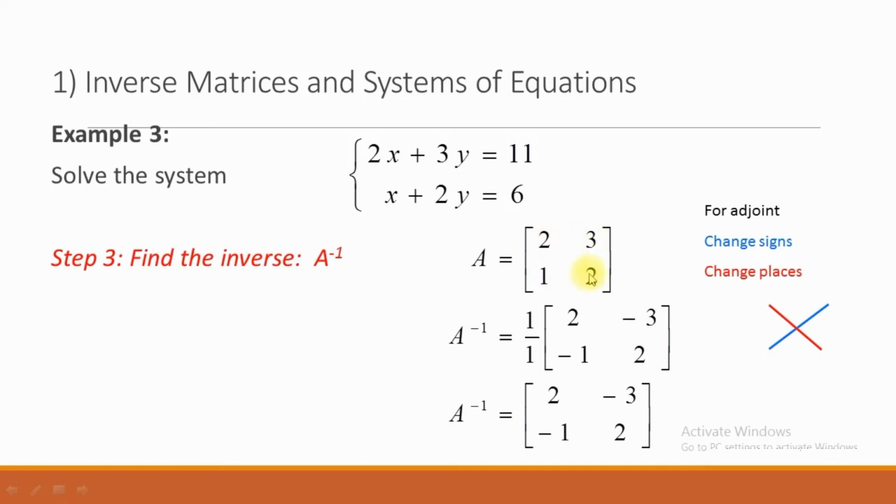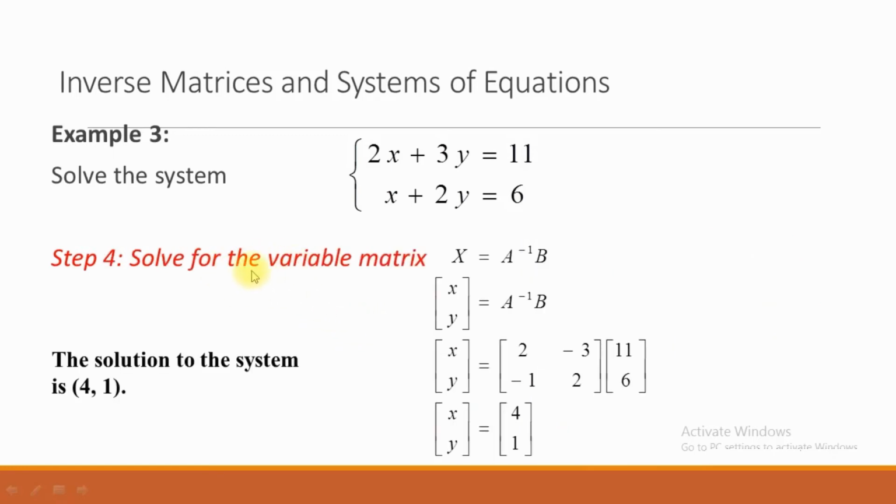So change the places of these two and change the sign of these two. We obtain the adjoint as 2 minus 3 minus 1 and 2. Now 1 over determinant into adjoint of the matrix A. So we obtain the inverse of the coefficient matrix: 2 minus 3 minus 1 and 2.